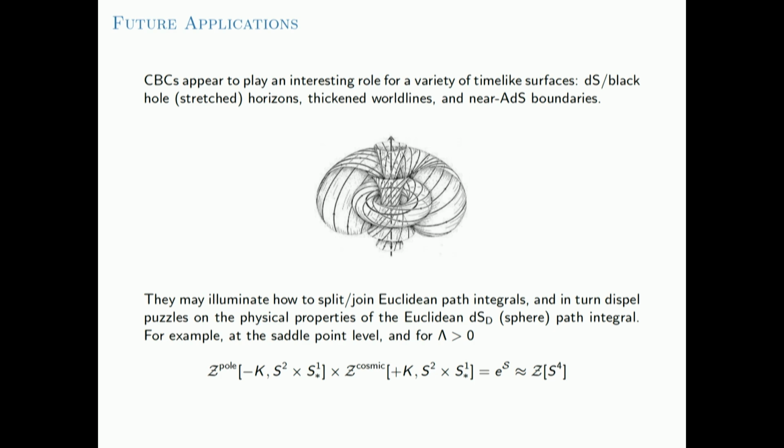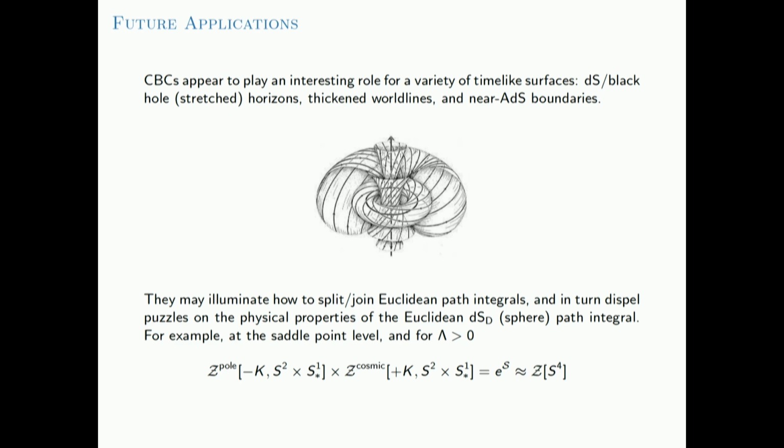And to give you a formula with the flavor that I'm discussing, you can take sort of an infilling and outfilling of the sphere, and the product at the saddle point level of these two partition functions, where I've removed a solid tube or solid torus in the sphere, yields an expression which is e to the de Sitter entropy, or the leading order expression of the four-sphere path integral.